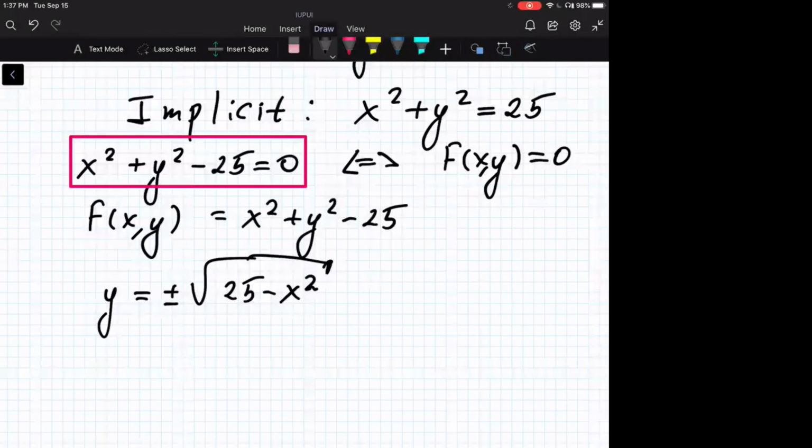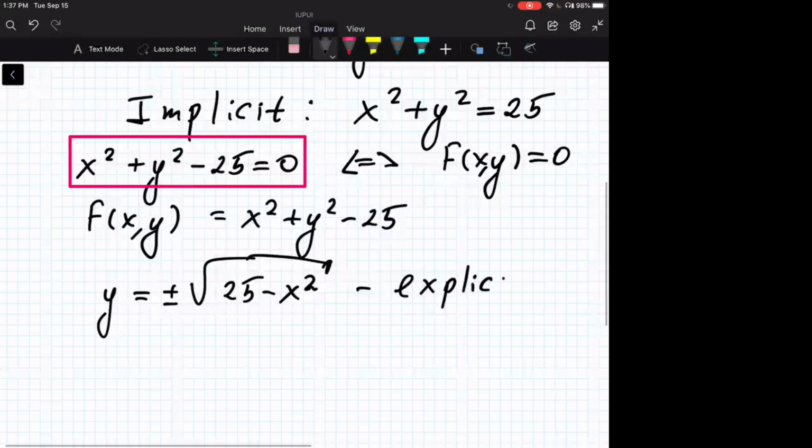And now it becomes explicit form. But the point is that sometimes you cannot do that, and we will see such examples. But in this example, we can compare two techniques. We will find the derivatives in two ways.